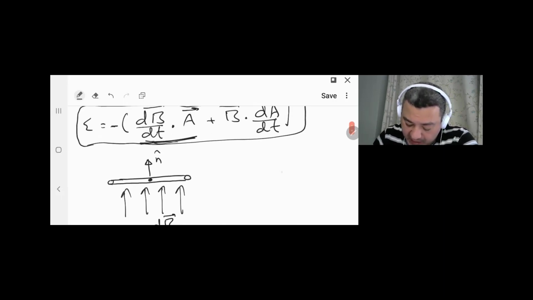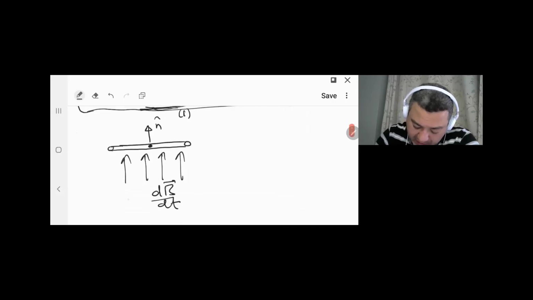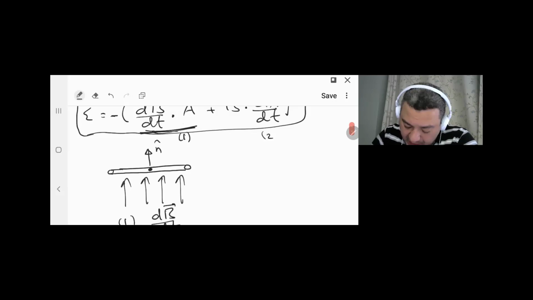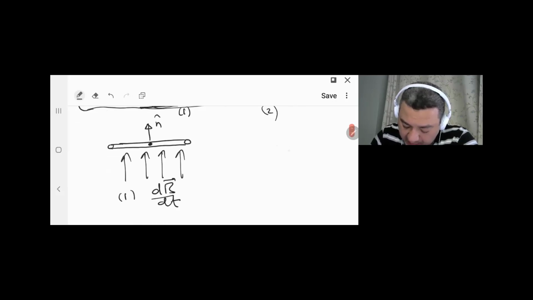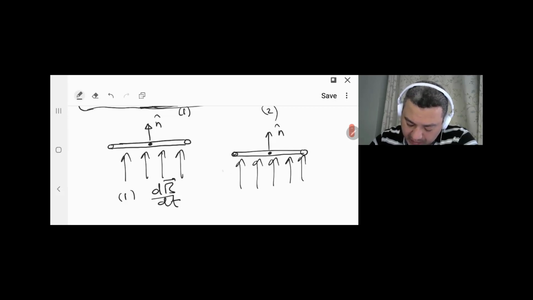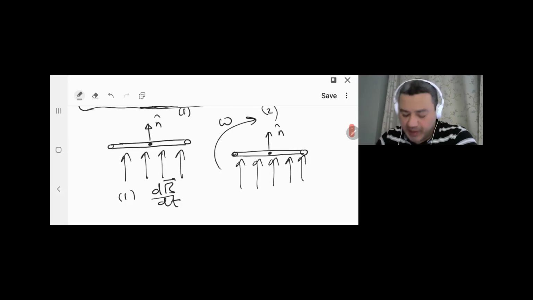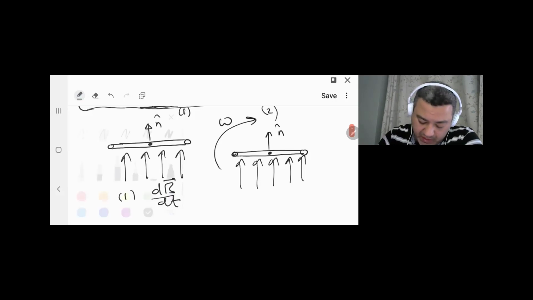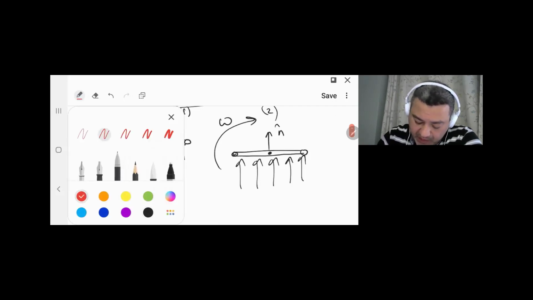So this is case one. Now the second case is I have the magnetic field being stationary and the loop is rotating in an angular frequency, for example, which means that the effective area with time is changing.